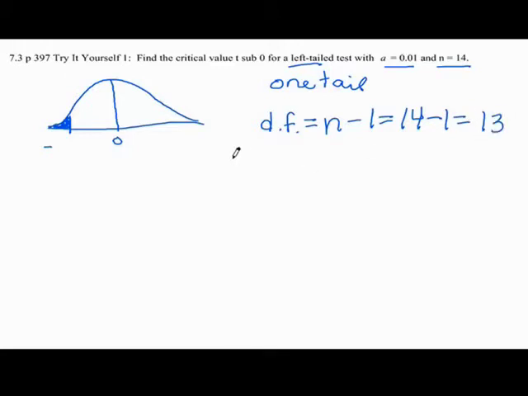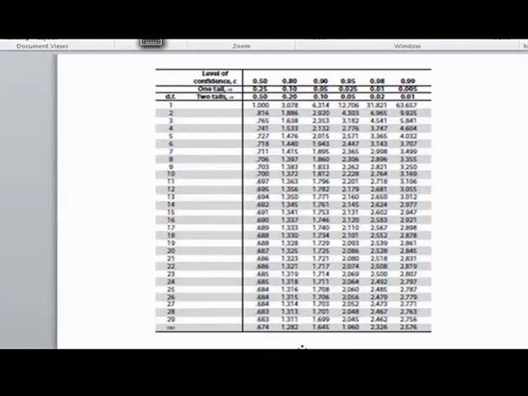So we're just going to go to table 5, which is the t-distribution table. Okay, so let's take a look at that. And so if we're looking for our critical value, it's going to be left tail, so we're going to put a negative in front of our answer here.